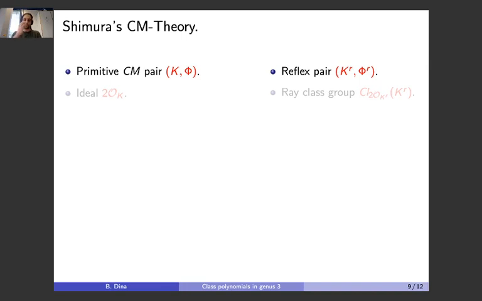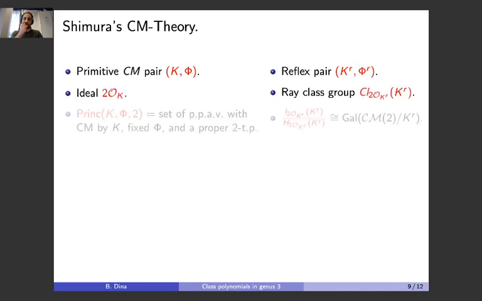We have a primitive CM pair, which is a tuple given by a sextic CM field K and a CM type phi. With this, we can compute the reflex pair, which is a tuple also, K^R, which depends on the CM type and its associated CM type, the reflex CM type.